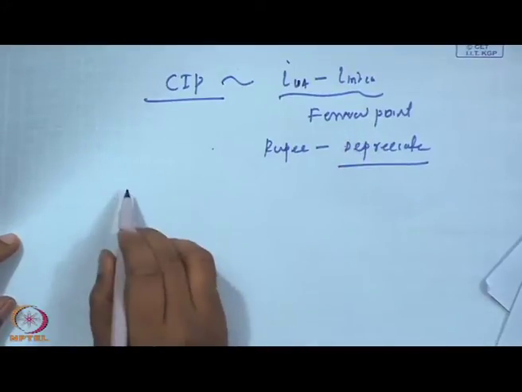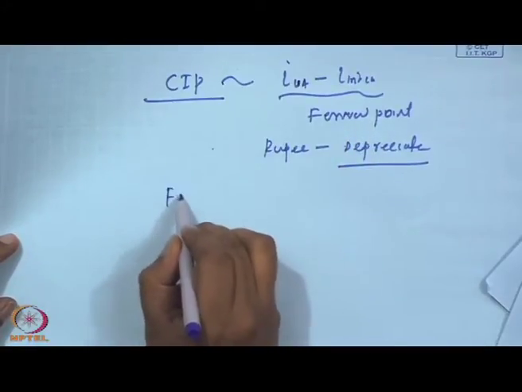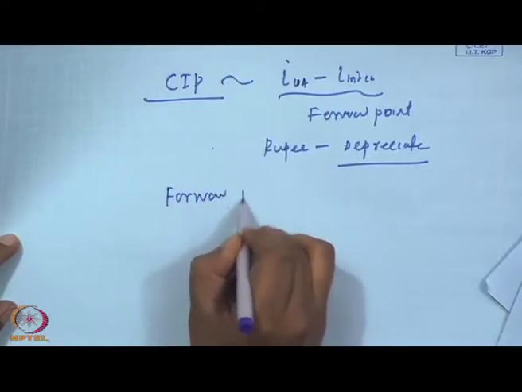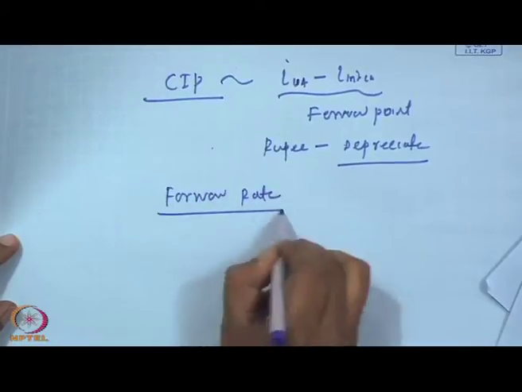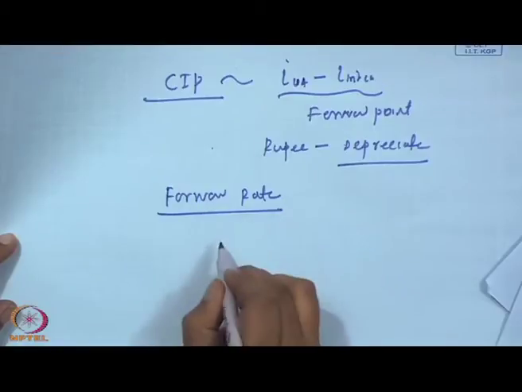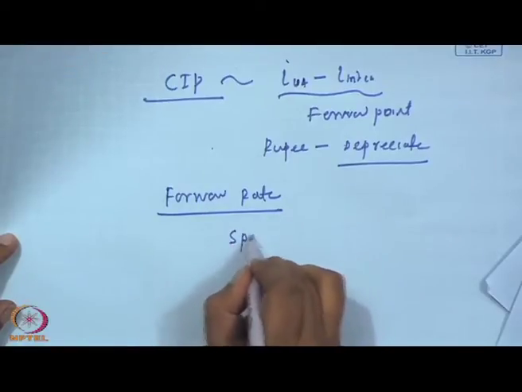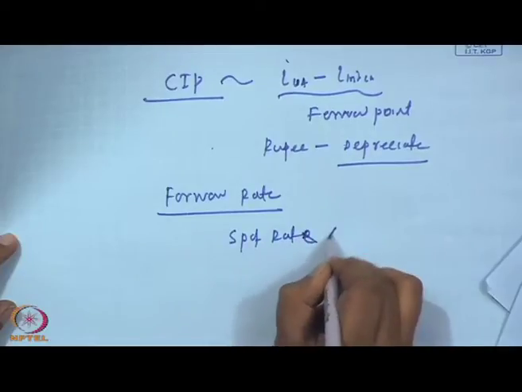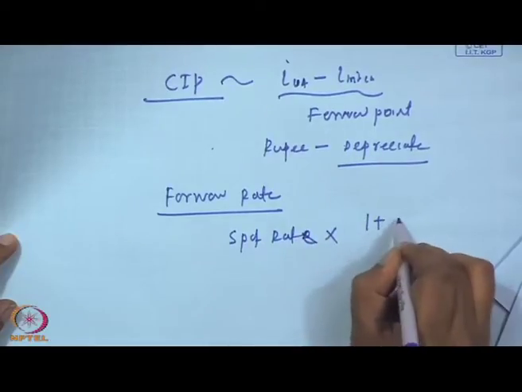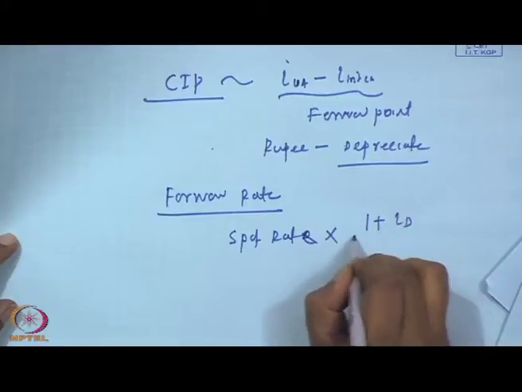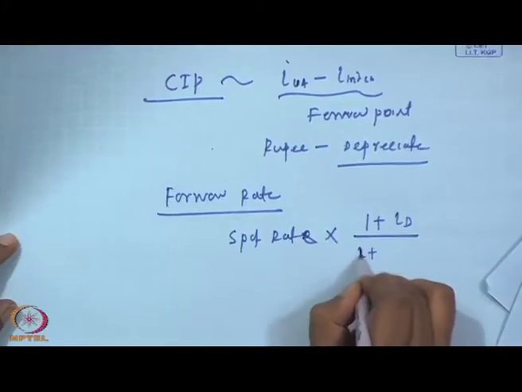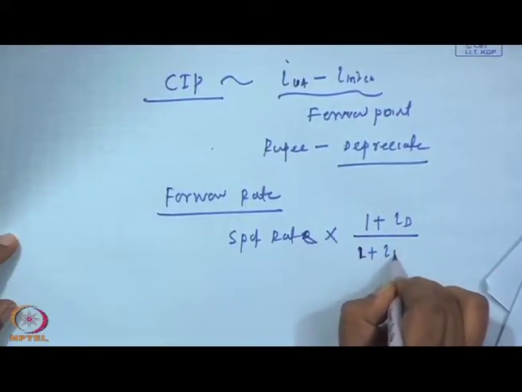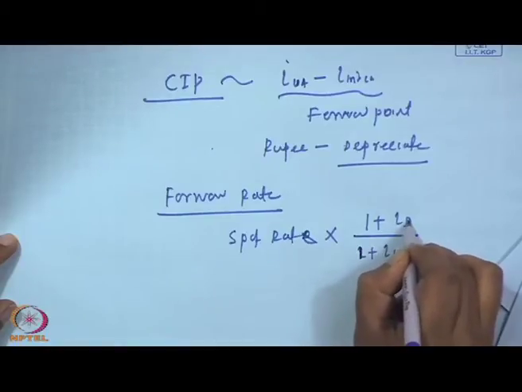So, what is the future spot forward rate? The forward rate will be, as I mentioned earlier, the current spot rate into (1 plus domestic interest rate) by (1 plus USA interest rate), where domestic is India.